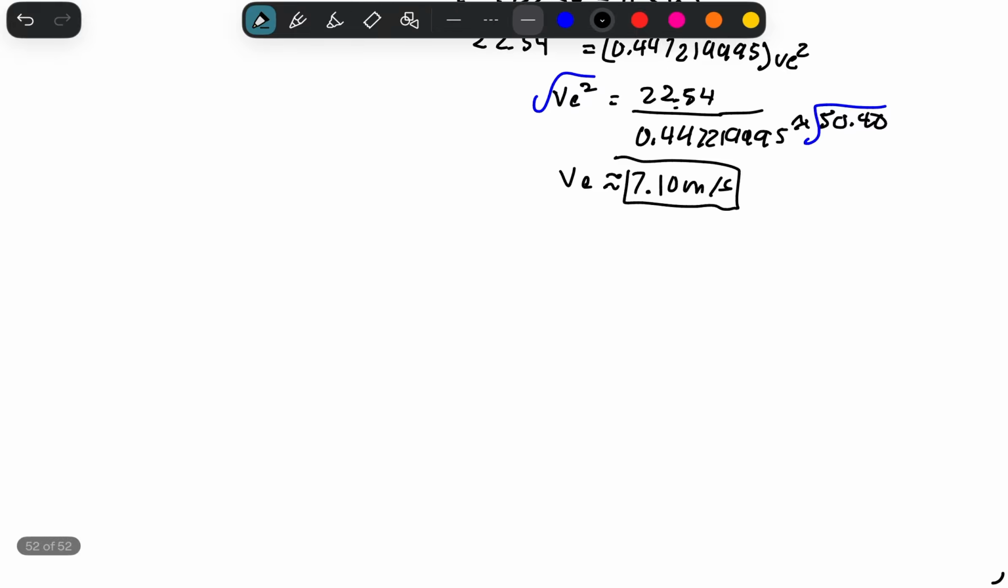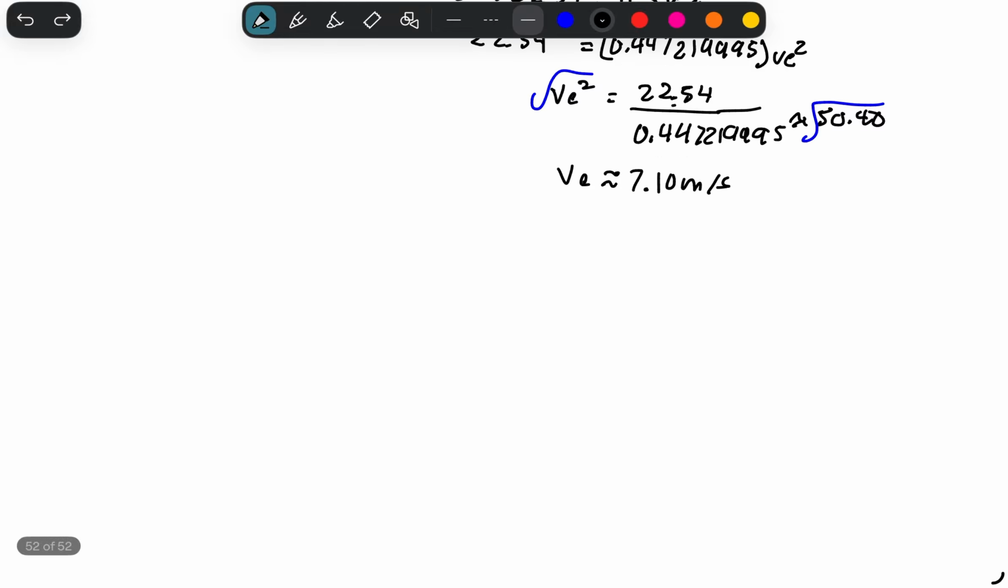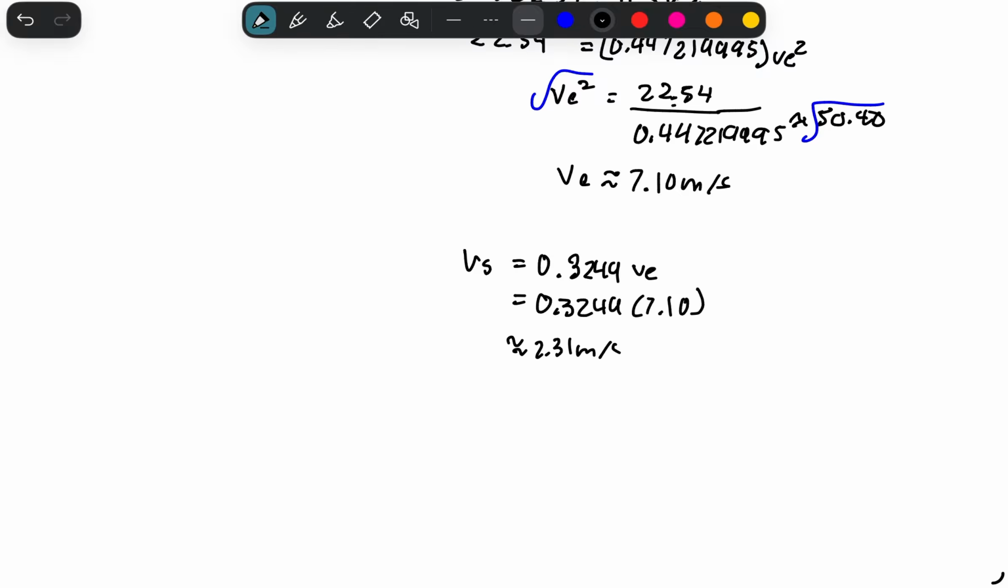So that's 7.1 meters per second for VE. But we want VS. So VS is 0.3249 times our VE, right? So then our VS would be approximately 2.31 meters per second.